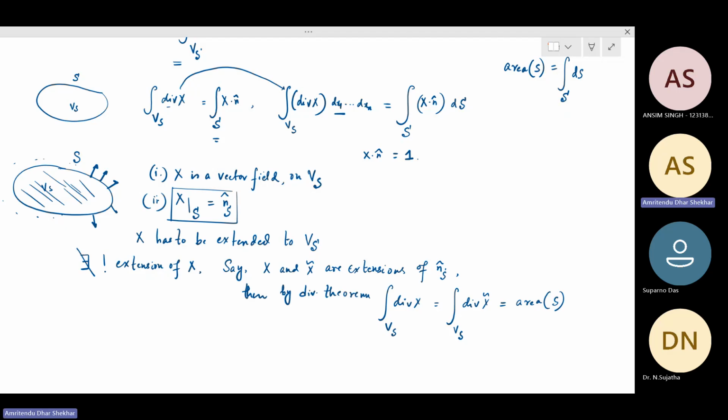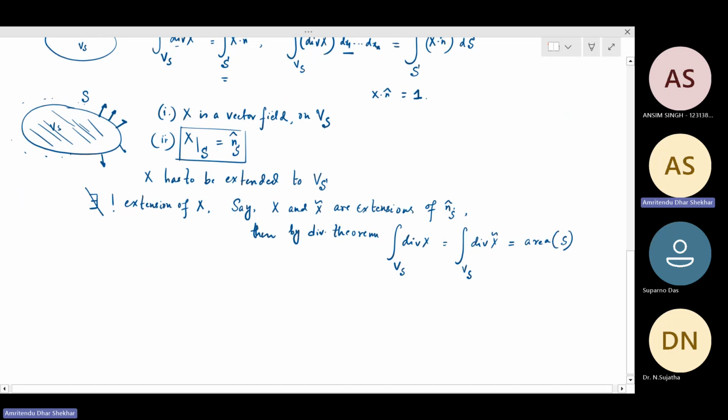So of course, we have determined that there need not be a unique extension, but the question is, does there exist at least one extension? And the answer is yes, there exists an extension.